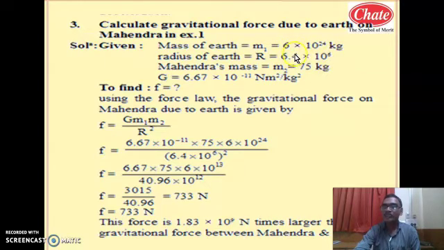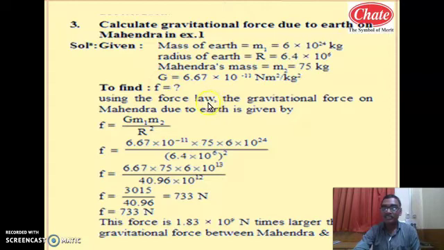Remember, students, these two values are constants that you have to remember and use wherever required. Now Mahendra's mass is 75 kg. G equal to 6.67 into 10 raised to minus 11 Newton meter square per kg square. We have to calculate F.